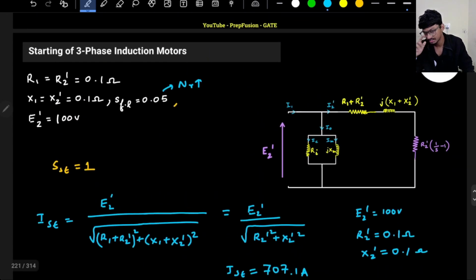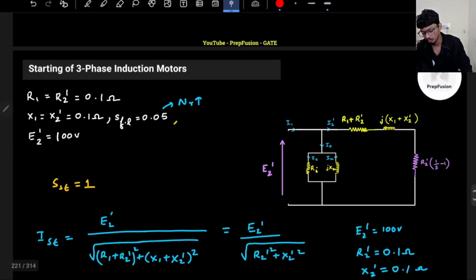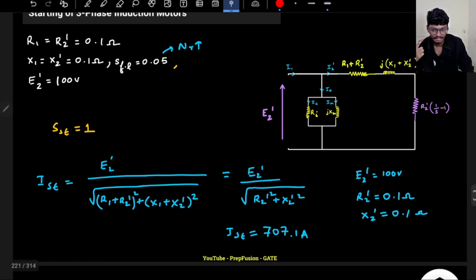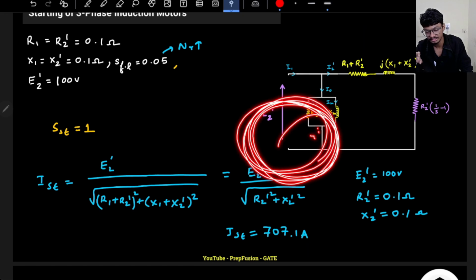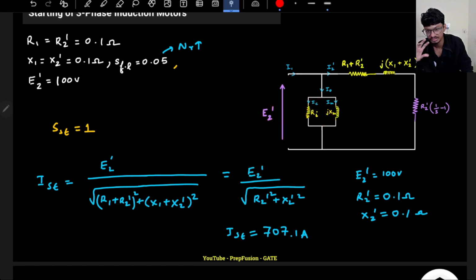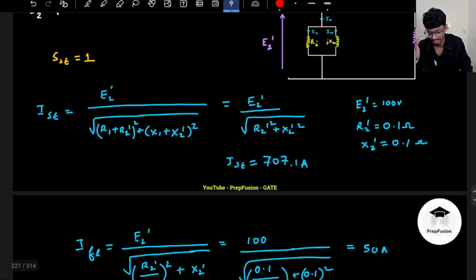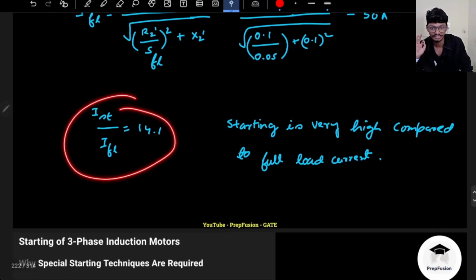If the motor is at rest, there is a rotating magnetic field. Now the rotating magnetic field is cutting the conductors in the rotor at a very high frequency because the motor is at rest. So the rotating magnetic field is rotating at a very fast speed, so relative speed is still ns. So more flux is getting cut, so more current will be generated on the rotor side. That's why we have higher current, to understand this intuitively.